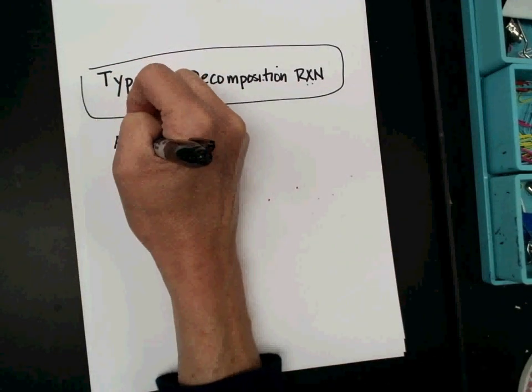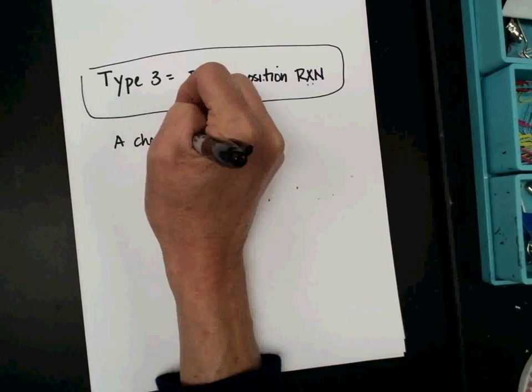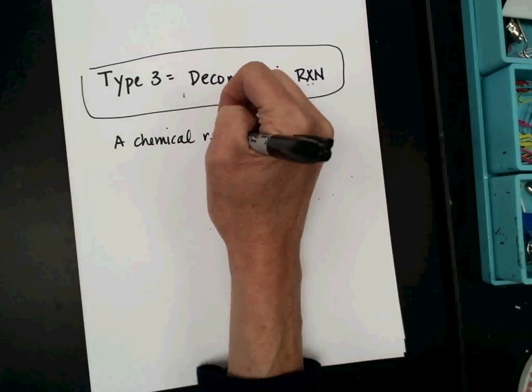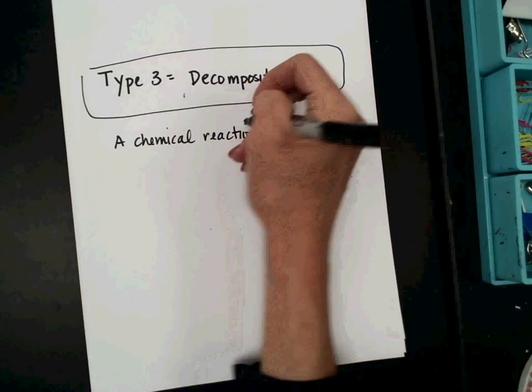Third kind is called a decomposition reaction. This is a chemical reaction.